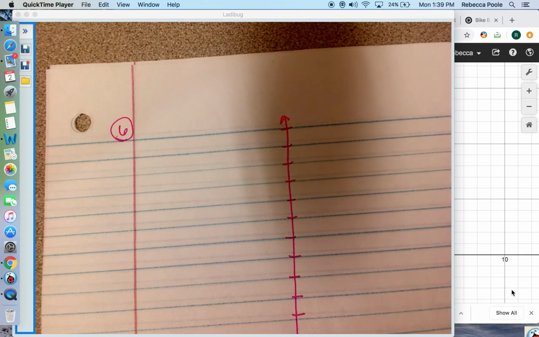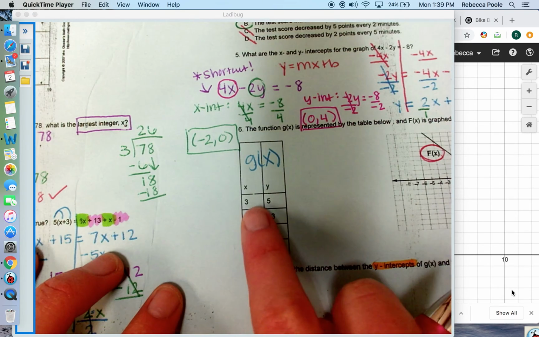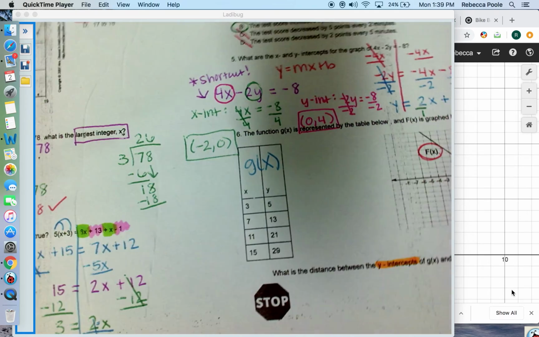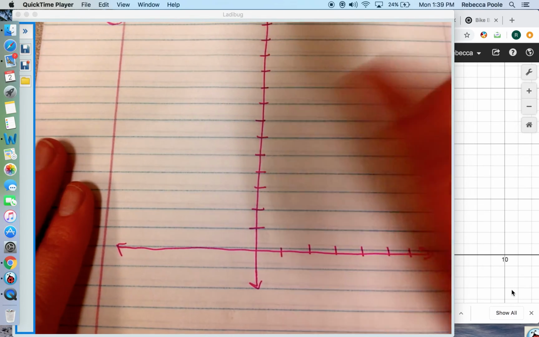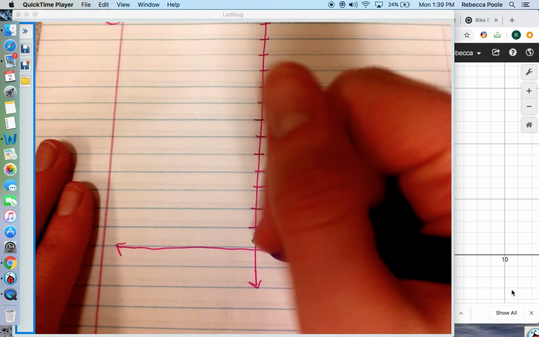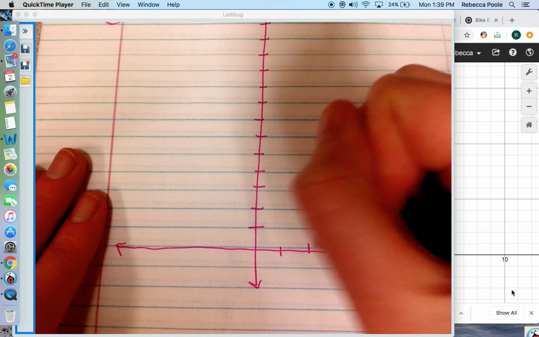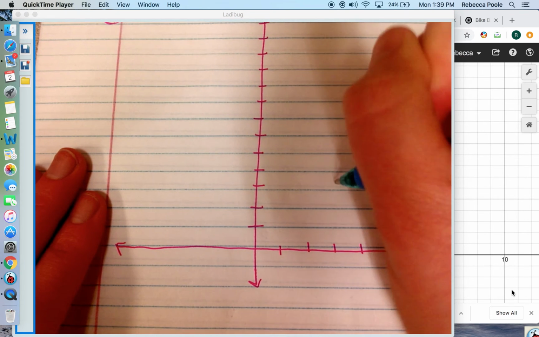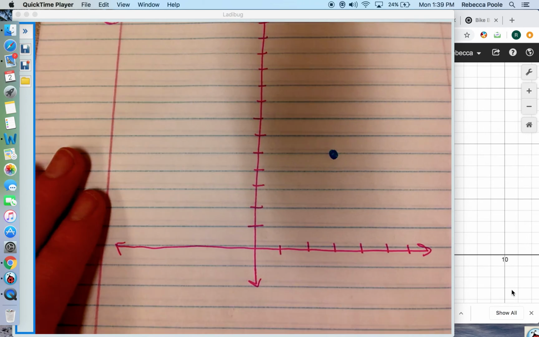Okay, so if we look at our ordered pairs that they gave us in the table, the first one is the point 3, 5. So I'm going to go over 3 and start at my origin. I'm going to use blue, 1, 2, 3, and then up 1, 2, 3, 4, 5. So there's my first ordered pair.